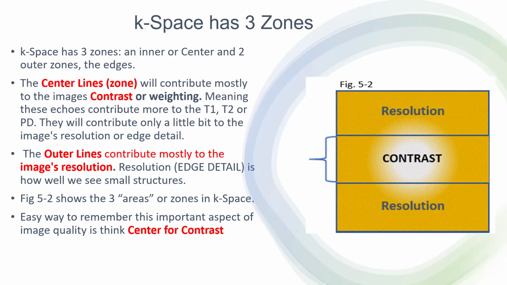It's just slice thickness. You can't resolve a 2 millimeter lesion in a 10 millimeter thick slice. You don't have the in-plane resolution. You need thinner slices. So your in-plane resolution, which here means slice thickness resolution, is limited by how thick your slice is.